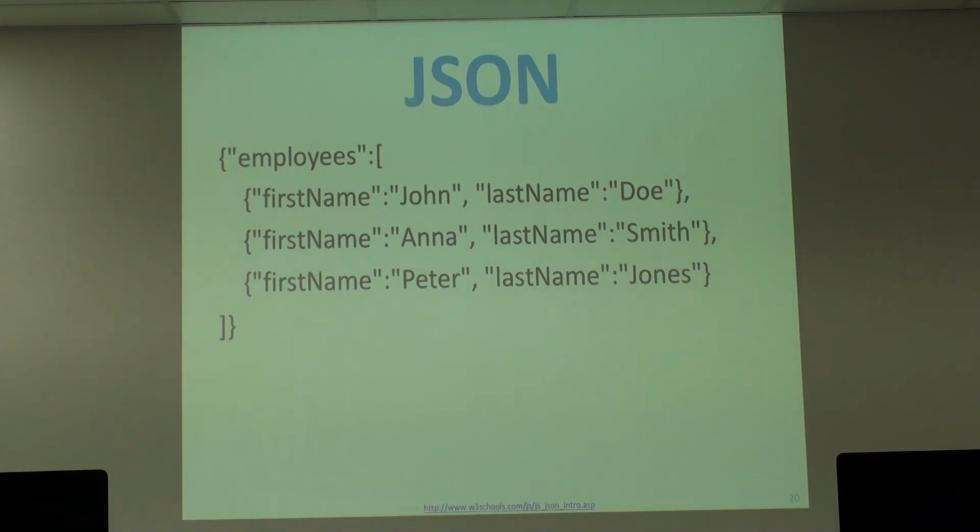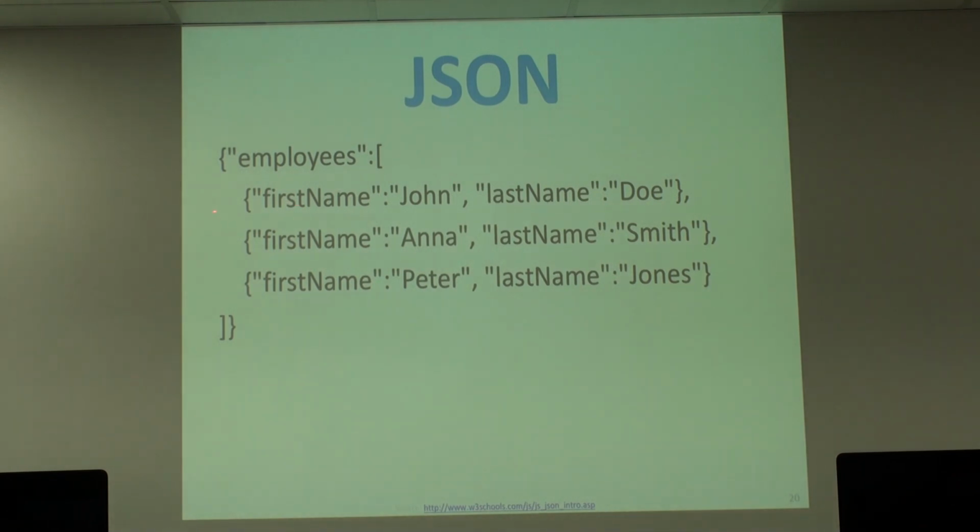So that is a JSON file, right? It starts from curly braces, with key and value, its key value pair. What is a key value pair? This is the key. Key is first name and the value is John, right? This key value pair is within the curly braces. For example, this is a list. A square bracket is a list.